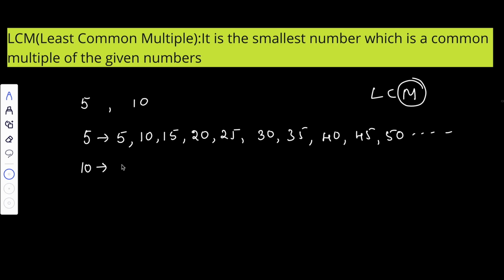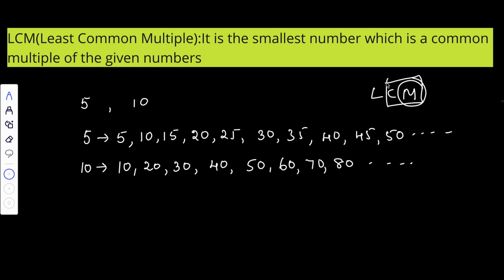Same thing, multiples of 10 we'll write: 10, 20, 30, 40, 50, 60, 70, 80. This is also till infinity. So multiples are over. Now we are going for common multiples. Which ones are common? We'll see. We can see here 10 is common, 20 is common, 30 is common here.